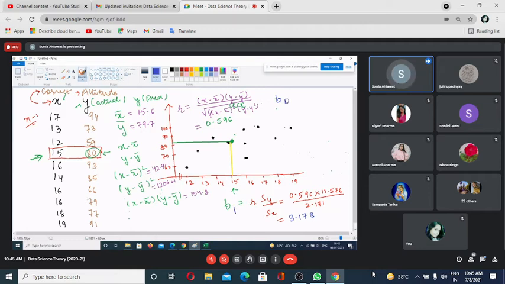We have to calculate our B naught, which is nothing but Y is equal to B naught plus B1 times x. But now because we have to calculate this, we are going with this value. So B naught is equal to Y bar minus B1 X bar.